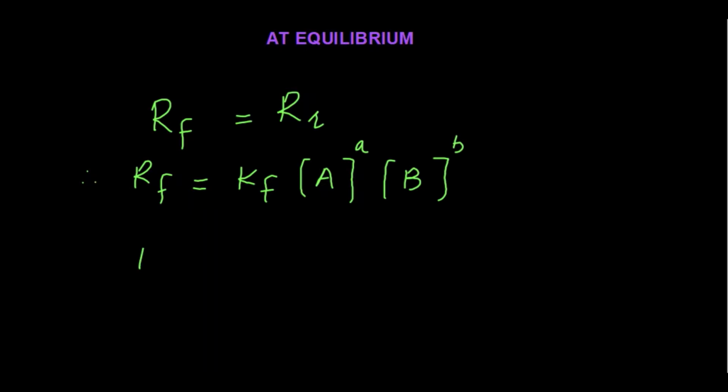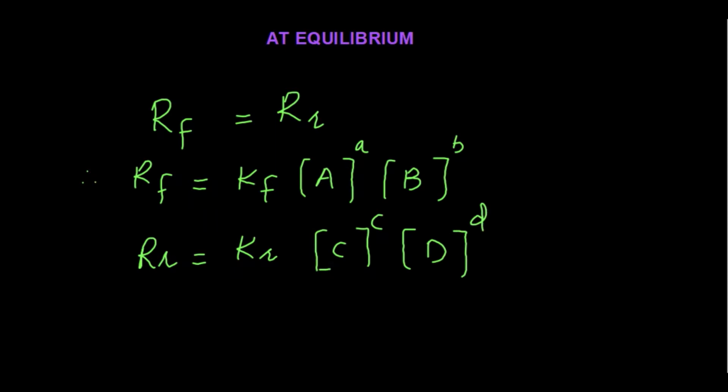Similarly, RR is equal to Kr into [C] raised to the power c into [D] raised to the power d. Suppose this is equation number 1. Right students, now we substitute the values of RF and RR in equation number 1.